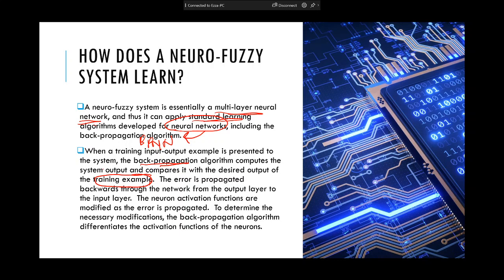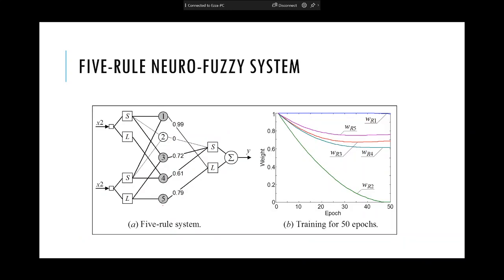So we have the training and then the testing as well, just like the machine learning we have learned. The error is propagated backward through the network from the output layer to the input layer. The neurons modify their activation as the error is propagated. To determine the necessary modification, BPNN differentiates the activation function of the neuron.